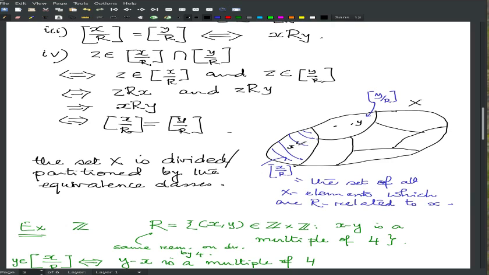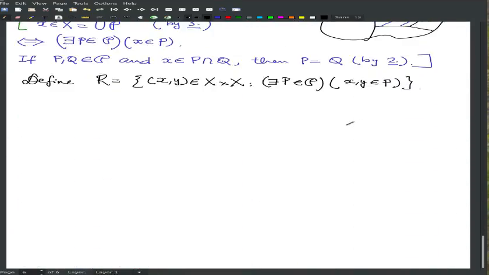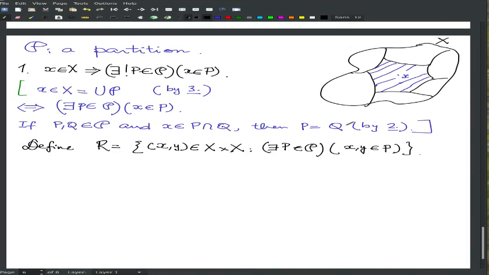So any two of them are related by R. So partitions means they are related. So that's exactly what I am doing. You have to do the most obvious thing. I take only pairs for which I can put them inside one partitioning set. That's what I did. Now let's see if I did it correctly.